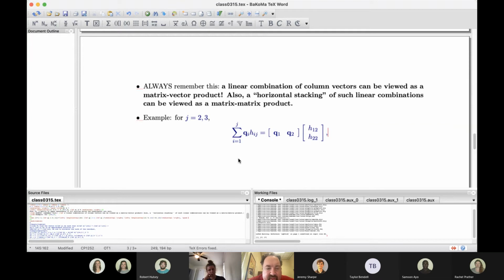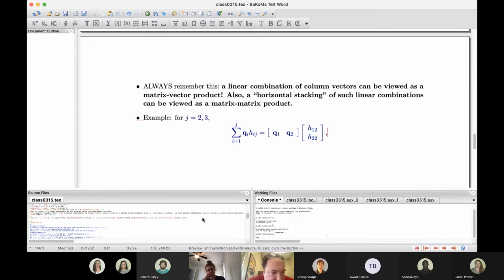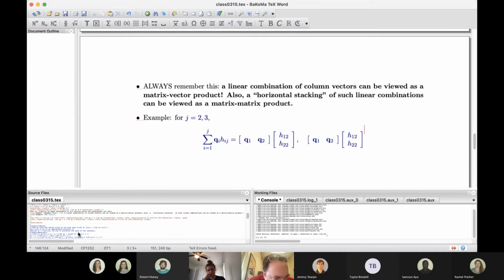Then if I have the same thing for j equal 3, it's going to work out very similarly. Here I'll just have an extra column.